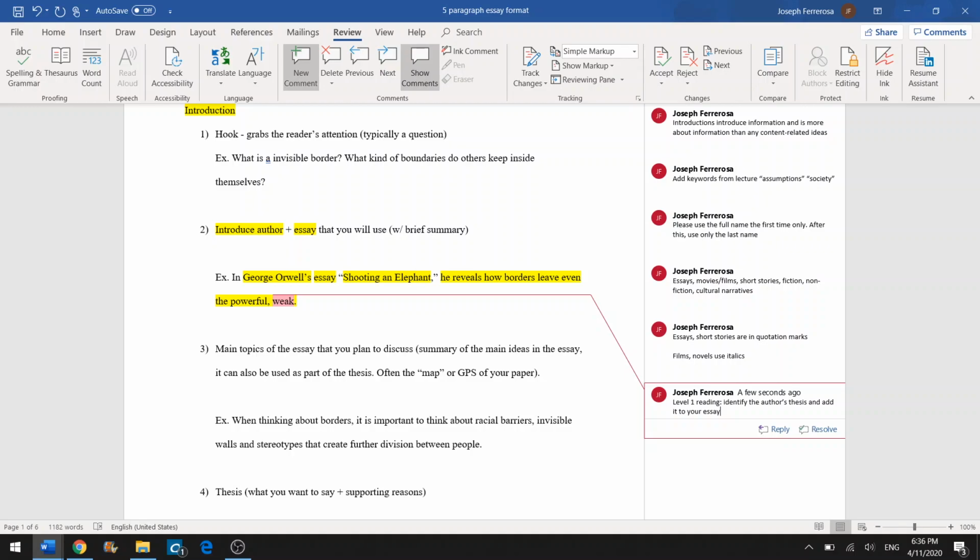That's why we want you to introduce everything, because we want to see, do you know who the author is? Do you know what you're reading? Are you reading an essay or are you reading a novel? Can you distinguish between MLA format for a short story versus a novel? And then also, can you identify the thesis?